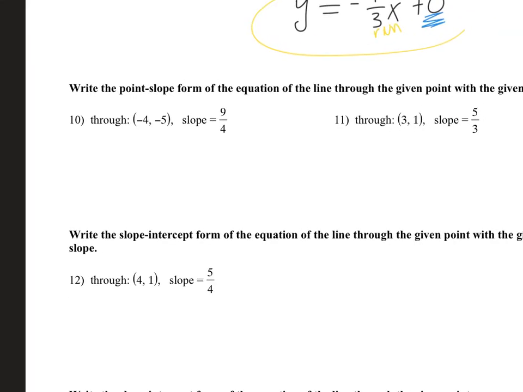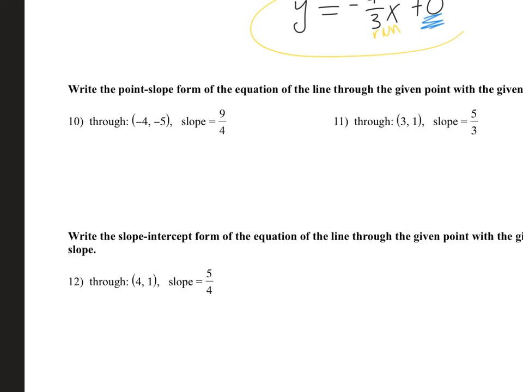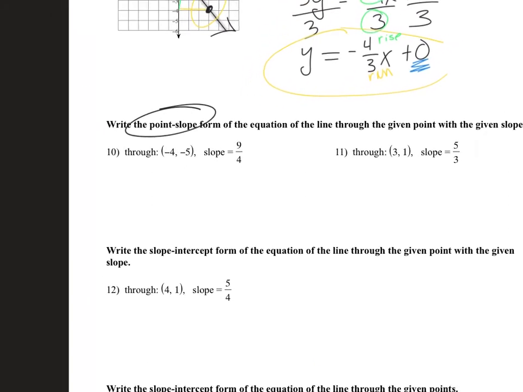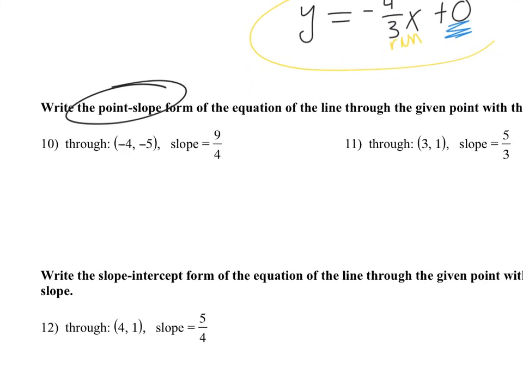Numbers 10 and 11 are asking for the point slope form of the equation. So what several of you guys did that was really heartbreaking is you actually did extra work to not get it right, guys. So point slope is y minus y1 equals m times x minus x1. So we're going to play a little game of fill in the blanks.